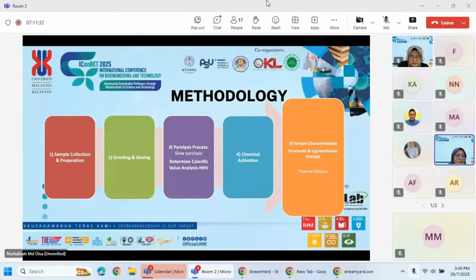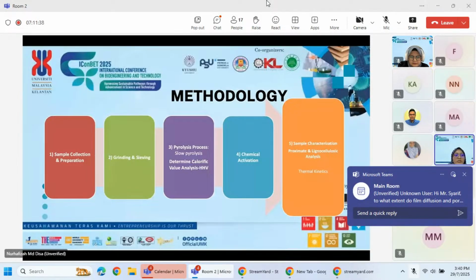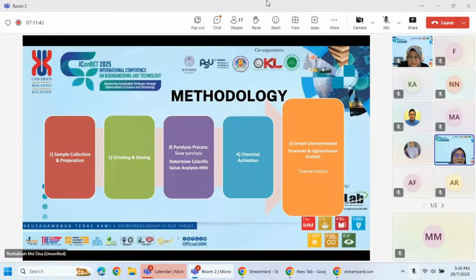Okay, the critical method is that once we produce the biochar, we then further do the activation process using the chemical activation method. The activated carbons were produced by mixing the biochar for 6 hours with different activating agents: KOH, C4H5, malic acid, and H3PO4. We impregnate it with the ratio 1:1, followed by the carbonization process at 800 degrees Celsius for 1 hour in a furnace.